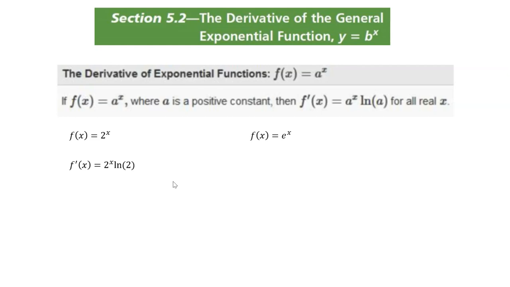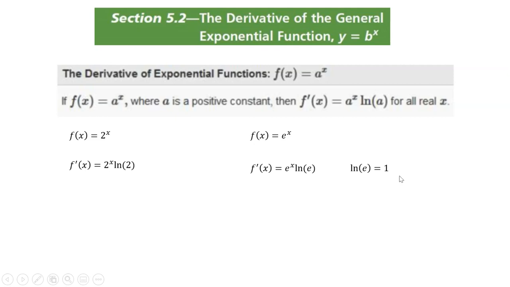So let me take you back to yesterday for a minute. Yesterday we said that if you had the function e to the x, the derivative of that would be e to the x. Now you can see why this way of deriving things makes sense, because I would say e to the x and then multiply that by the natural log of e. Well, the natural log of e is 1, okay?